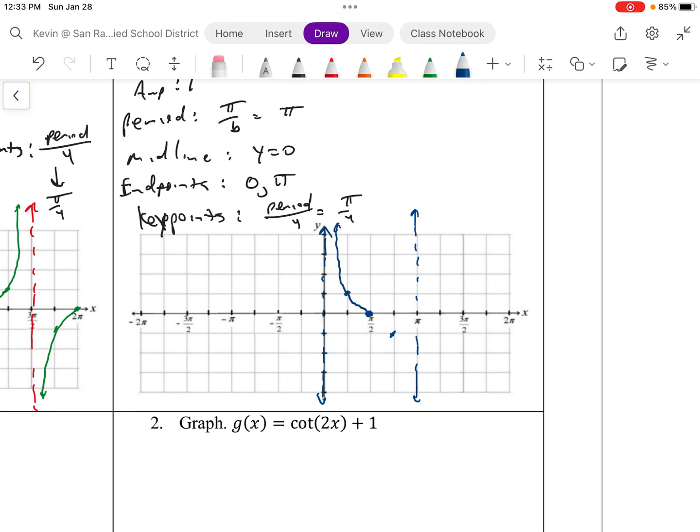So it looks something like this. Let me go ahead and draw a couple of these out here, just so you can get the idea. We come over here, negative pi.